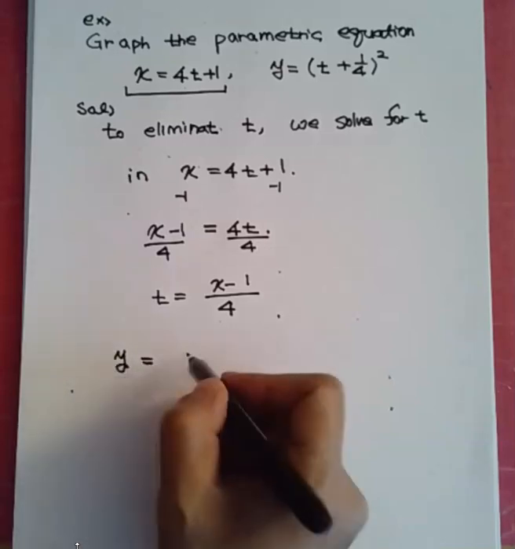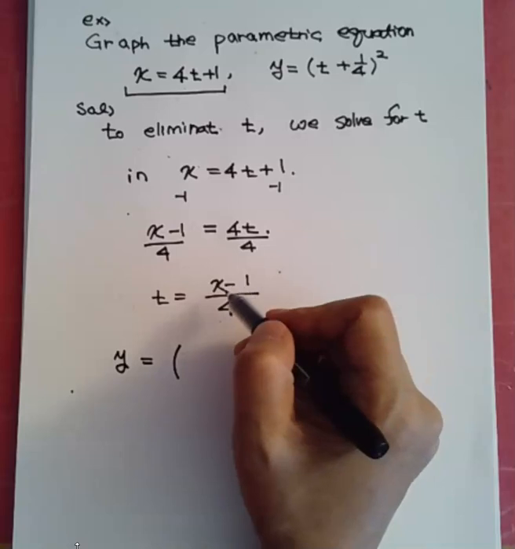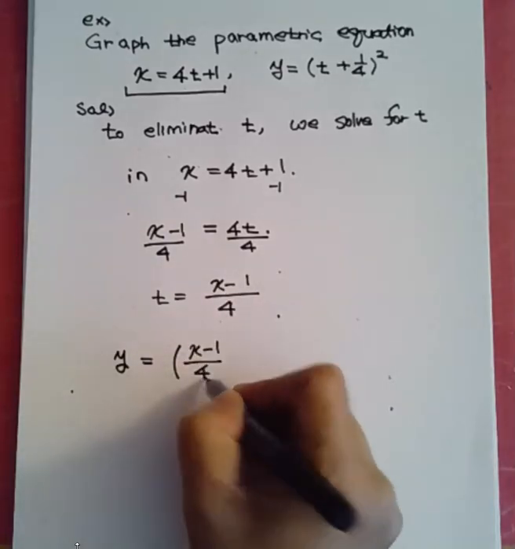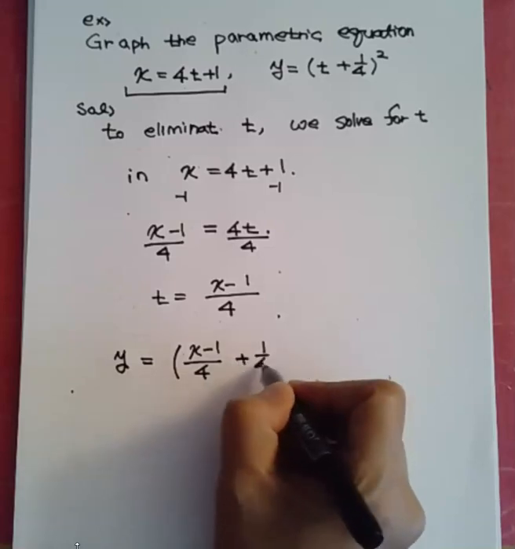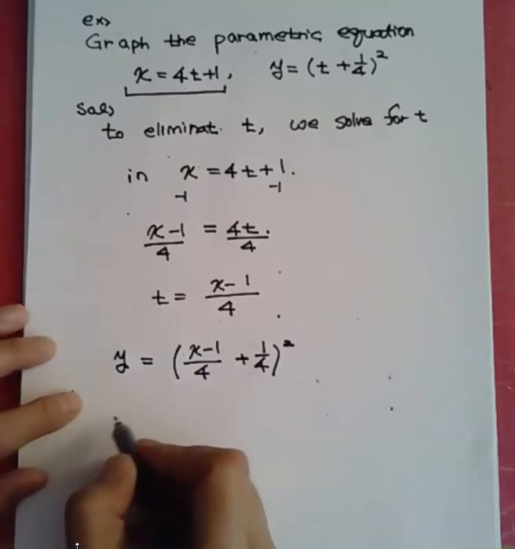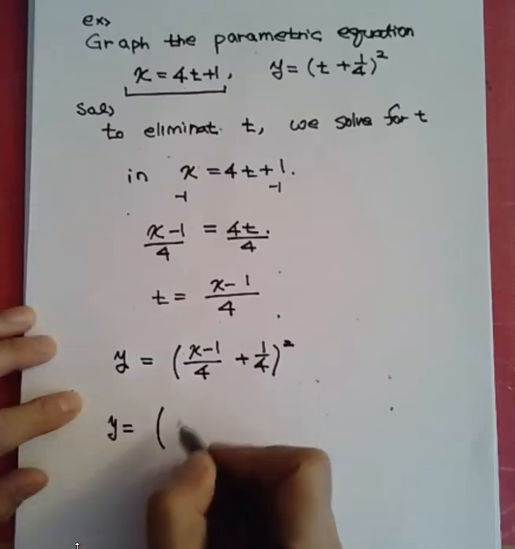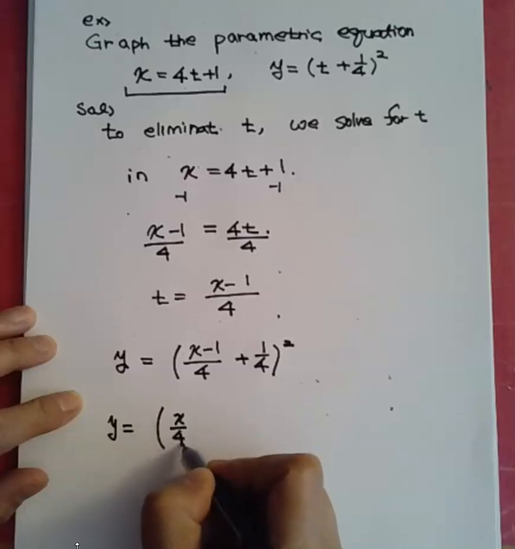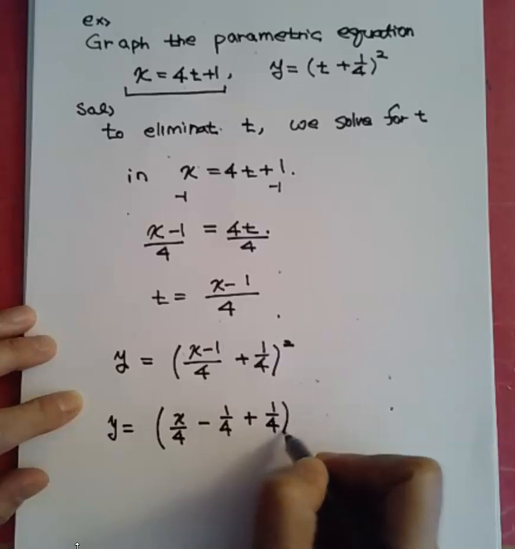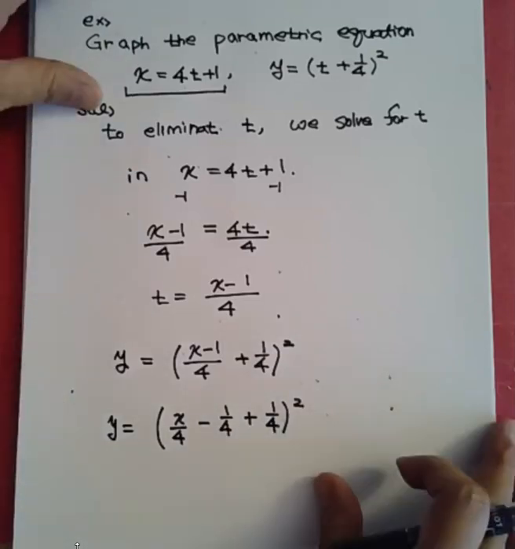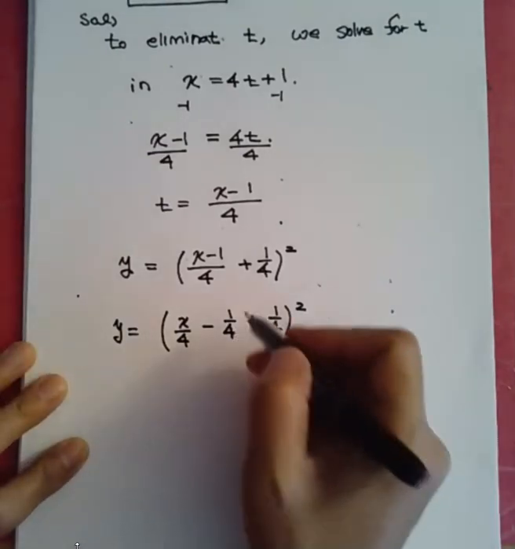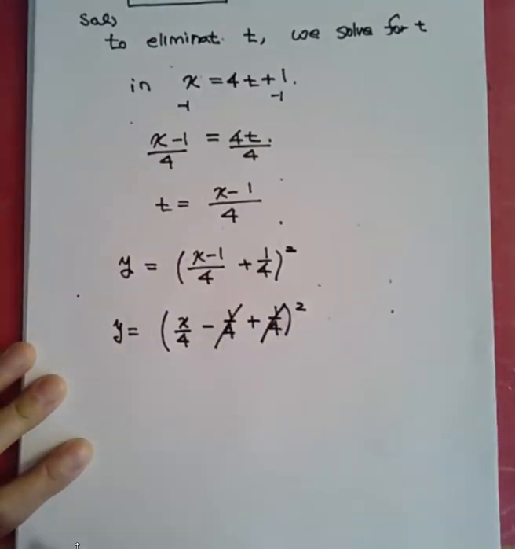Y equals t was (x minus 1) over 4 plus 1 over 4, squared. So that is y equals (x over 4 minus 1 over 4 plus 1 over 4) squared. So those are canceling each other.